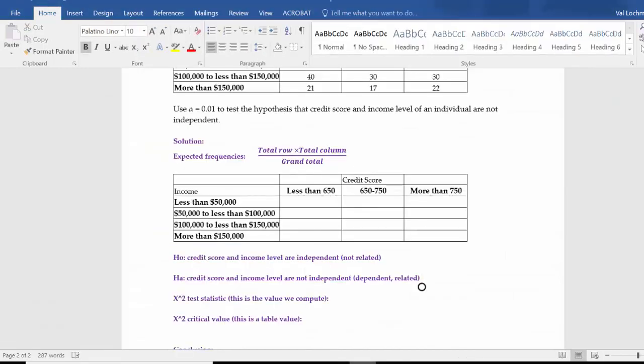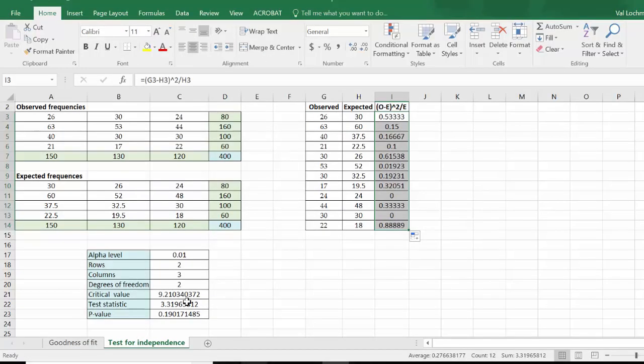And what do we want? We want 0.01 as our alpha. Rows: we have 4 rows. We do not count the row for the total. So we have 4 categories for incomes. Columns: we have 3 categories for credit score.